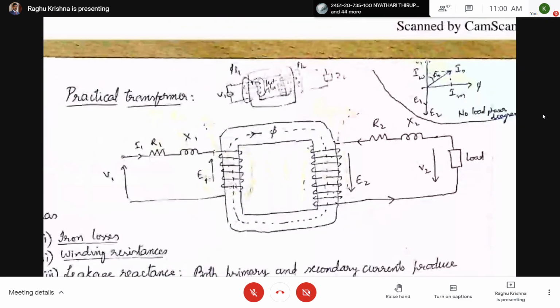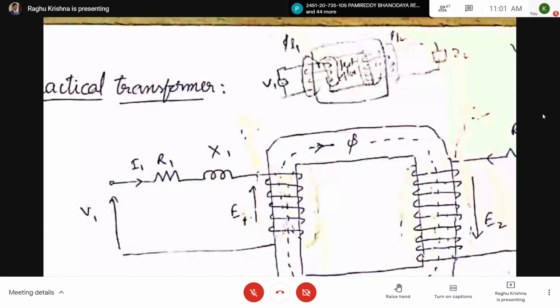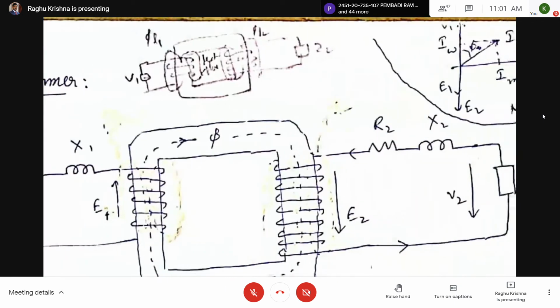So now coming to the practical transformer. Now I am going to consider the practical transformer. In a practical transformer, we have to consider every point. Whatever we neglected in the ideal transformer, we have to consider in a practical transformer. First, winding resistance is considered. On the left side you can see capital R1, which is the resistance of the primary winding. Similarly, on the right side capital R2 is the resistance of the secondary winding.